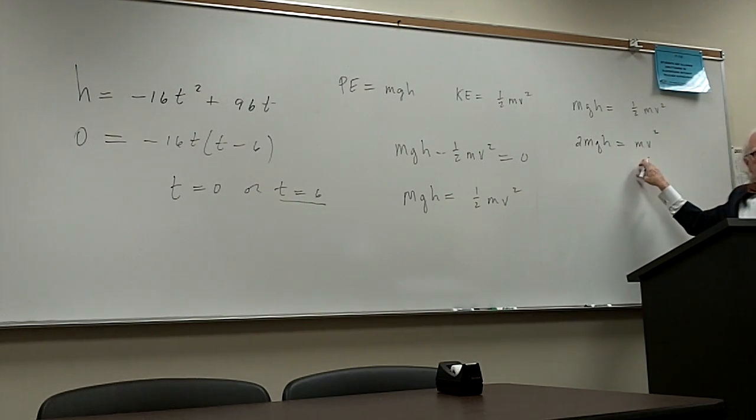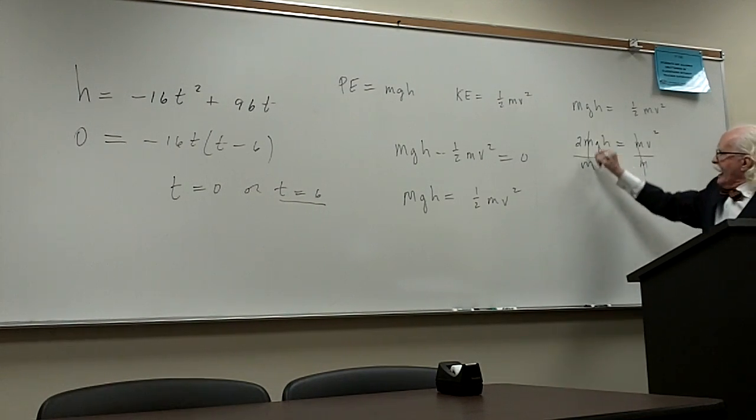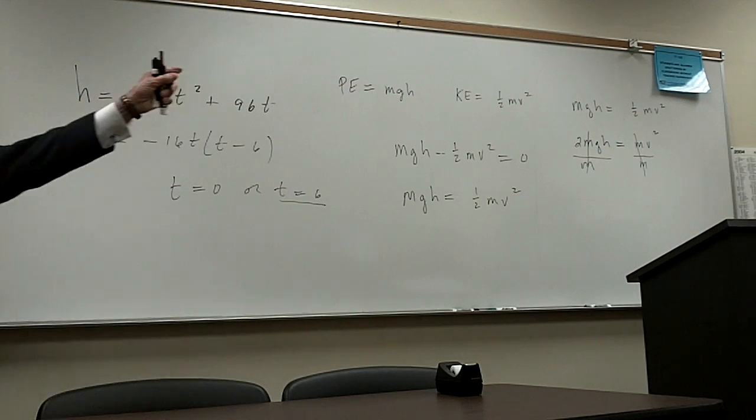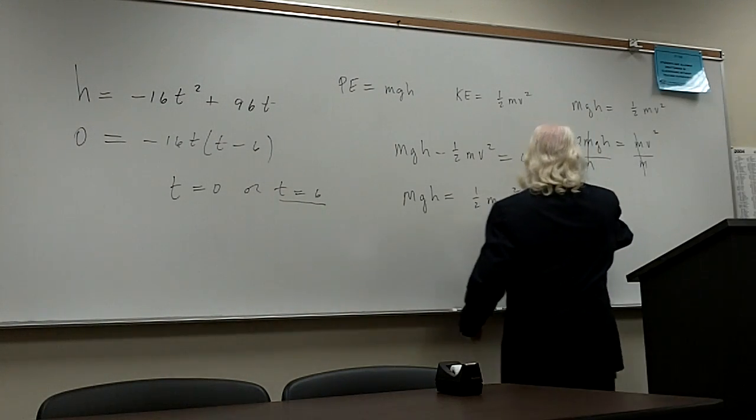Do you see this now? What are you going to do next? You're going to divide by M on both sides. When you divide by the mass, look what happens on both sides of the equation. The mass disappears. So the mass has nothing to do with its velocity hitting the ground. Do you see that? So if you solve this equation, it becomes what?